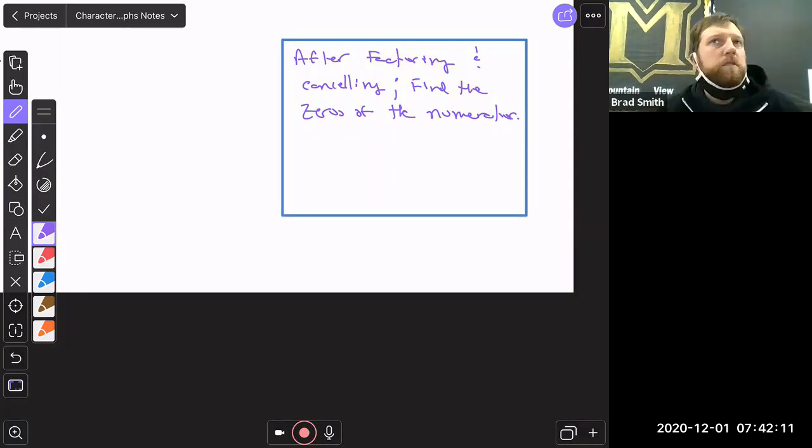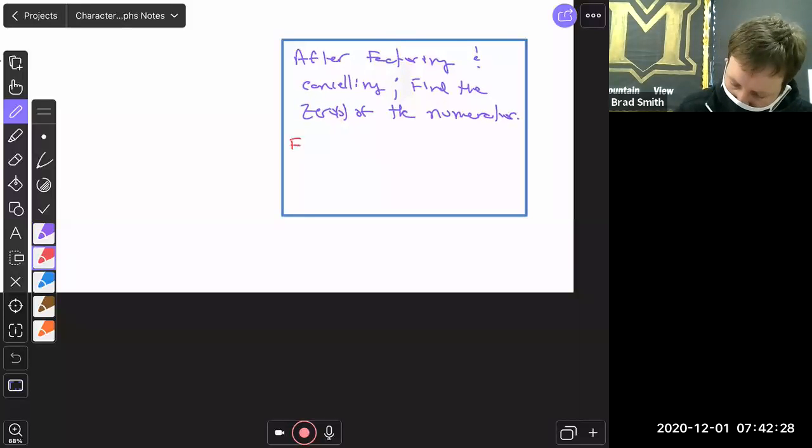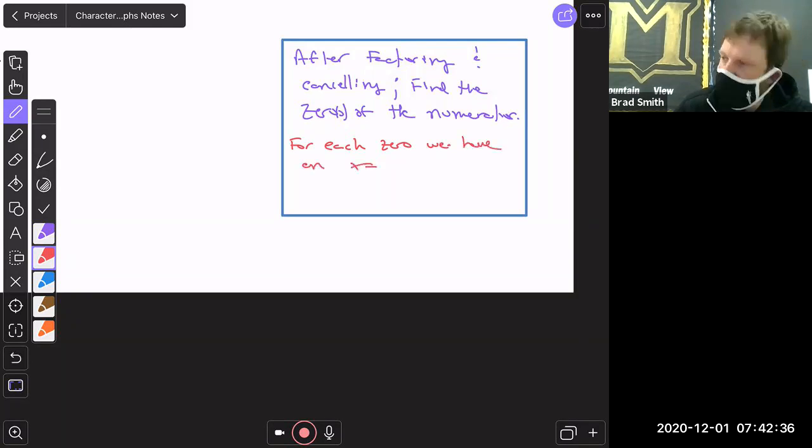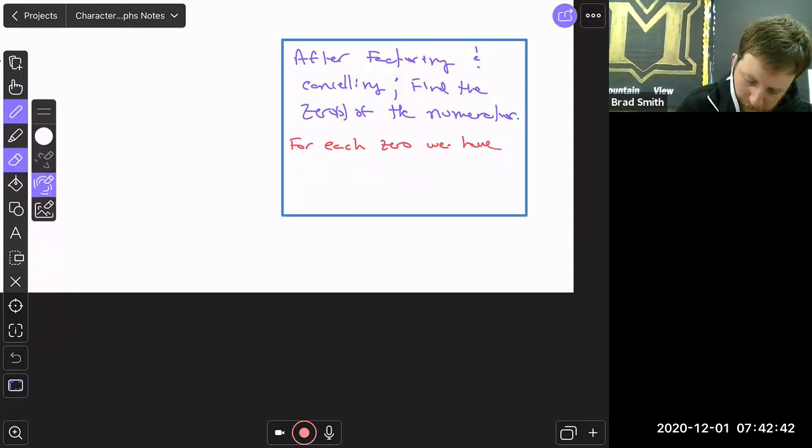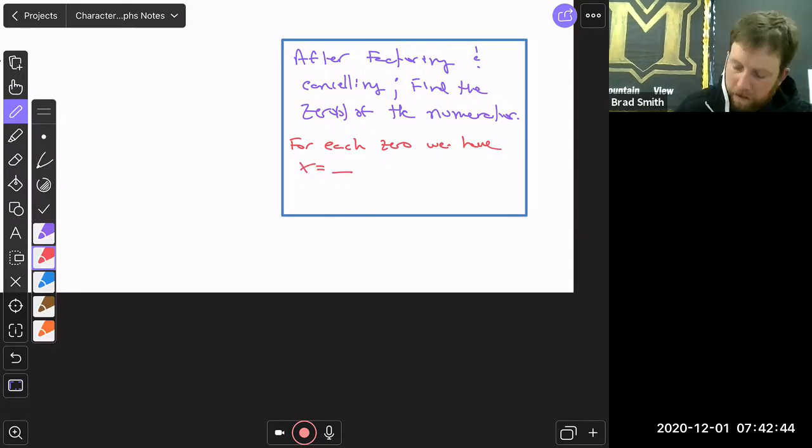So after you factor and cancel, you're going to find the zeros of your numerator. So for each zero, we have x equals blank, which is a zero.